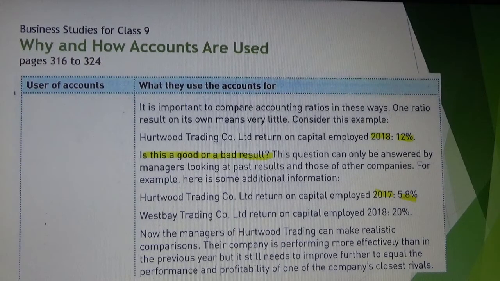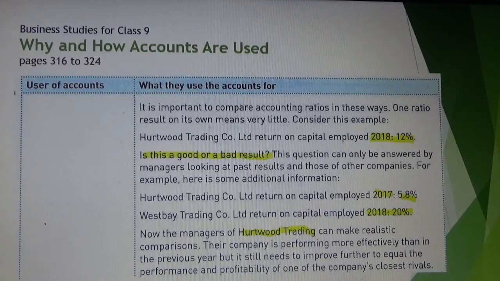In Westpay Trading Company Limited, another company, the ROCE in the same year, 2018, is 20% here, which is higher. See here? Higher than Hertwood's ROCE. Now, the managers of Hertwood Trading can make realistic comparisons.